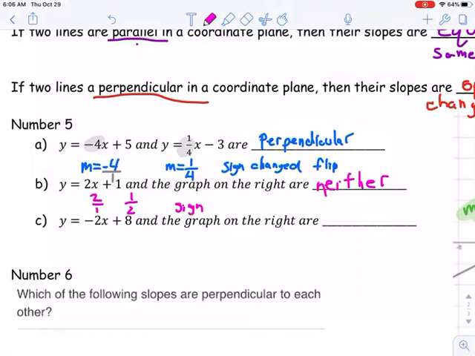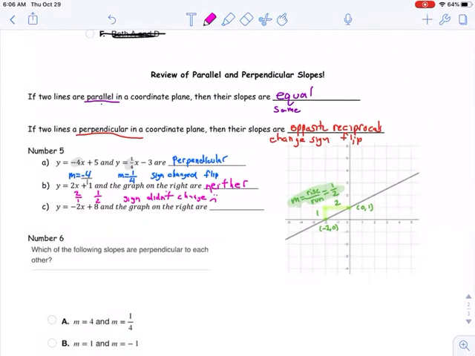The sign didn't change. So you might have thought perpendicular just because we had 2 and 1/2, but one of them would have had to be negative. So just to emphasize it further, we have 1 and then a slope of 2.